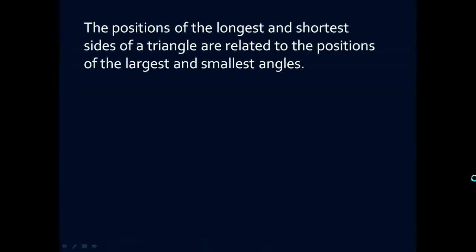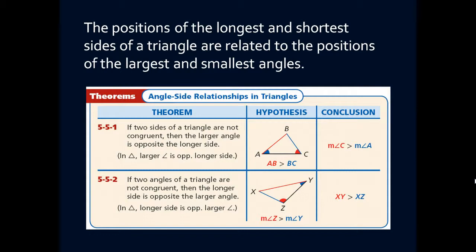The positions of the longest and shortest sides of a triangle are related to the positions of the largest and smallest angles. We have 2 theorems that help us decide which sides should be the longest. 5-5-1 states, if 2 sides of a triangle are not congruent, then the larger angle is opposite the longer side.